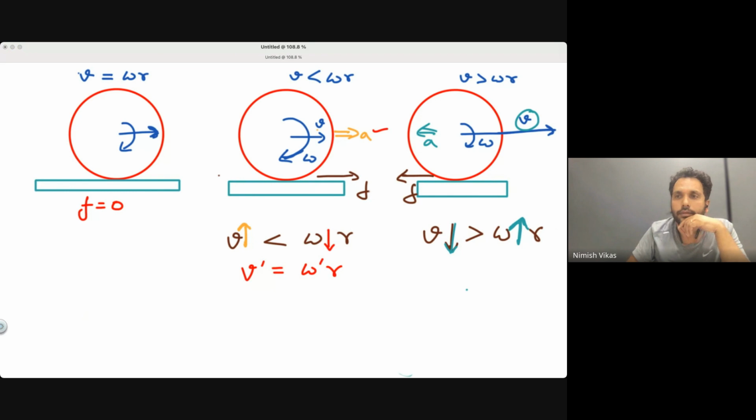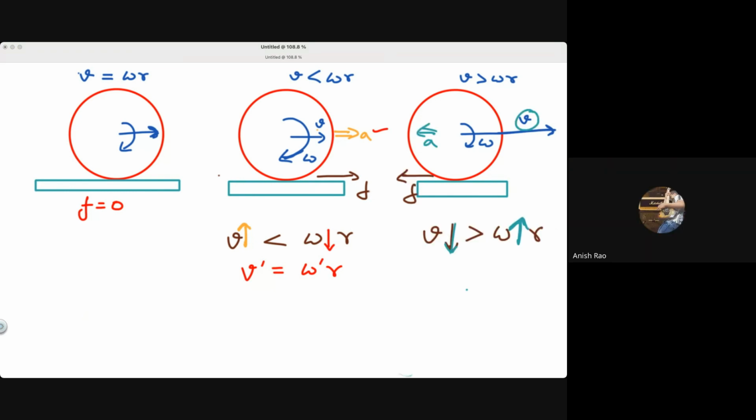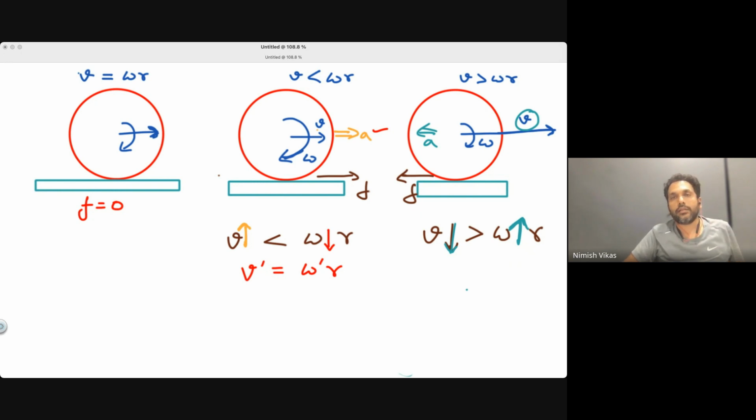Ask me. Sir, could you show a case where friction is not supporting the omega, the opposite of what you're telling, the double boon? Yeah, okay, I'll show you. One second.